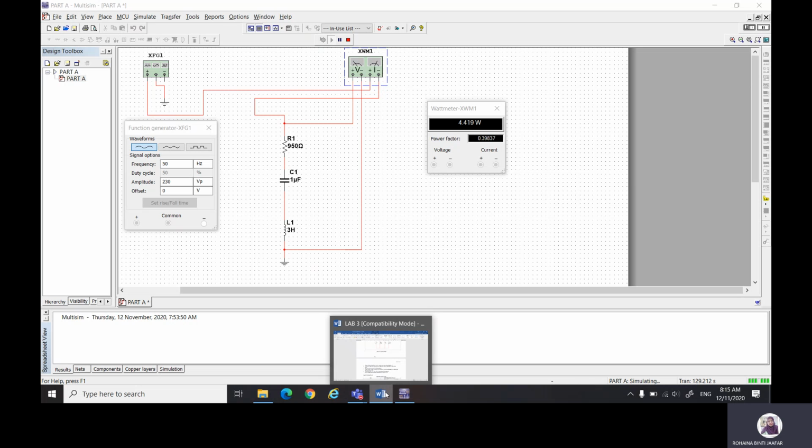Group 1, please stand by at 8 a.m. using the Microsoft Teams platform, followed by group 2 and so on.